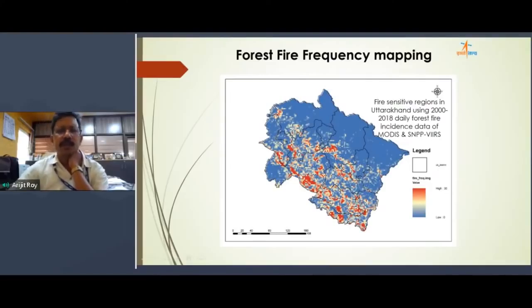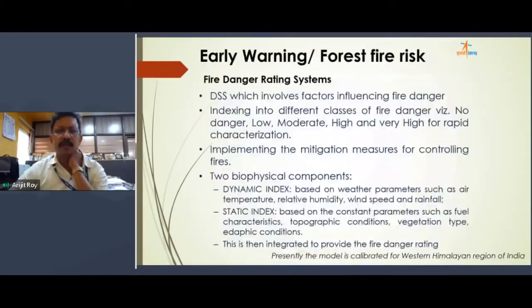And you can see the areas, mostly the sal-dominated areas and the pine-dominated areas in Uttarakhand, showed a very high sensitivity to fire based on the frequency. But this is a very coarse level analysis.